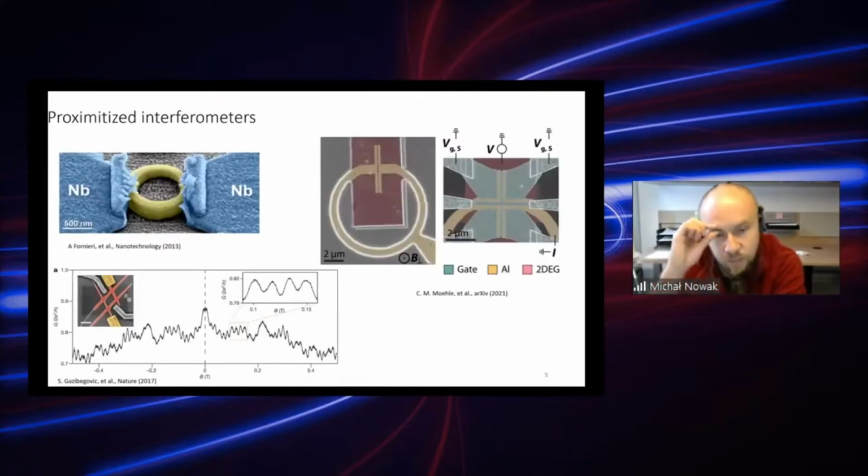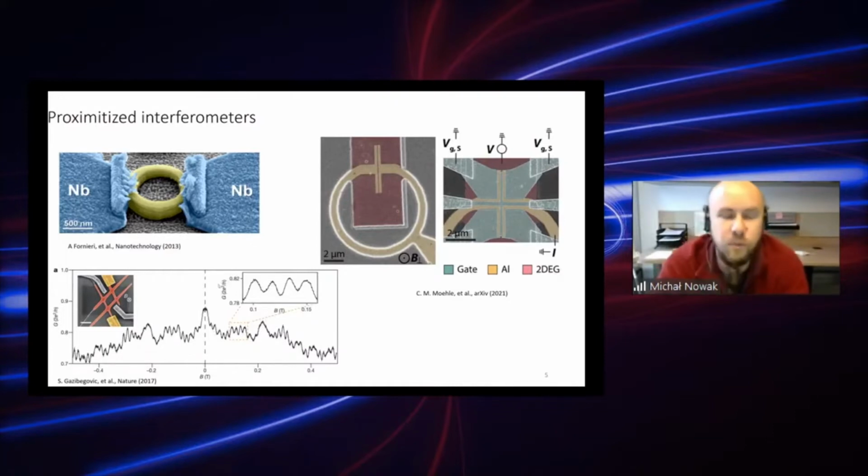I want to speak about quantum rings proximatized by a superconductor, which nowadays can be realized experimentally. For example, here we have this semiconductor ring connected to two superconducting leads, or one can use crossing nanowires that form this hashtag structure, and when this hashtag is connected to two normal electrodes, Aharonov-Bohm oscillations are observed.